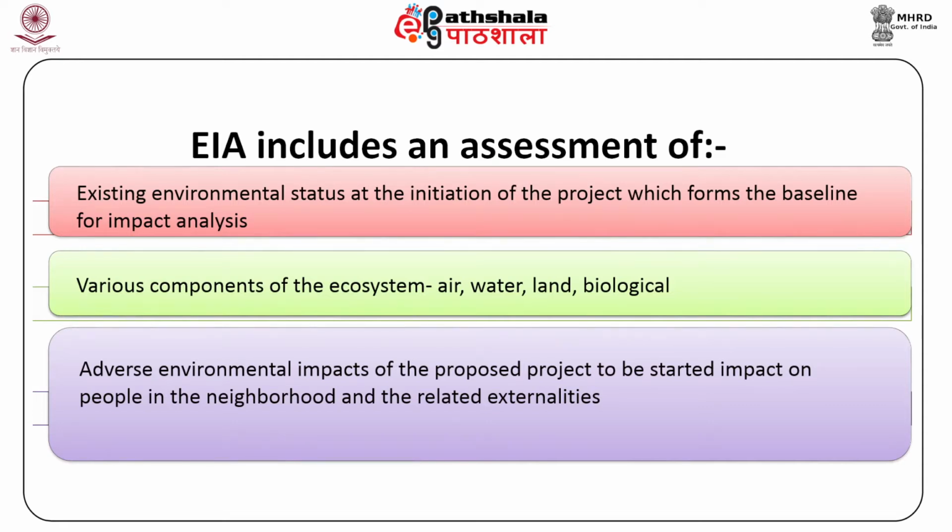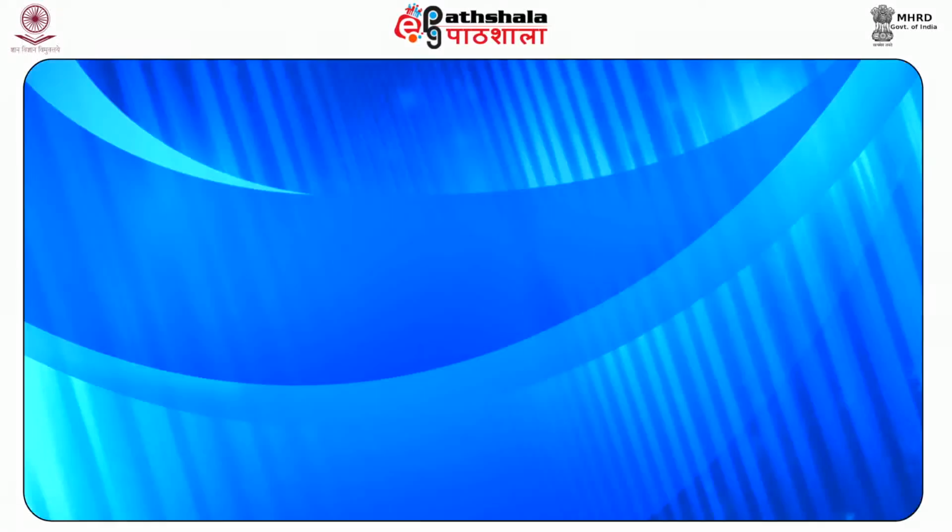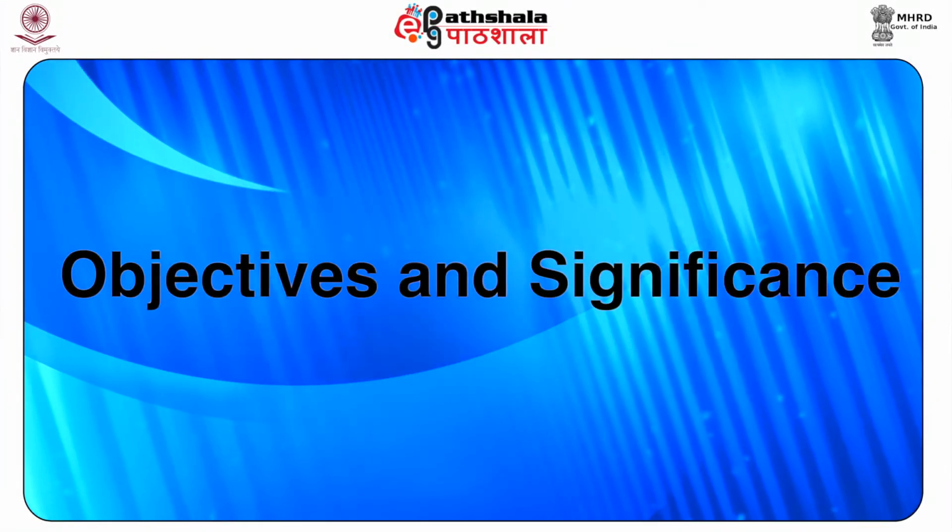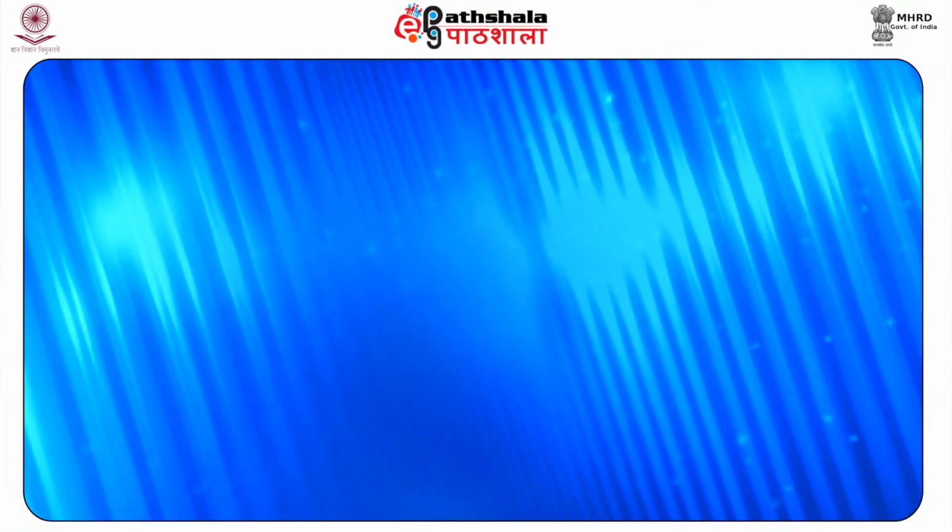Various components of the ecosystem, that is air, water, land and biological factors. 3. Adverse environmental impacts of the proposed project to be started, impact on people in the neighborhood and the related externalities. Let's look at the objectives and significance.